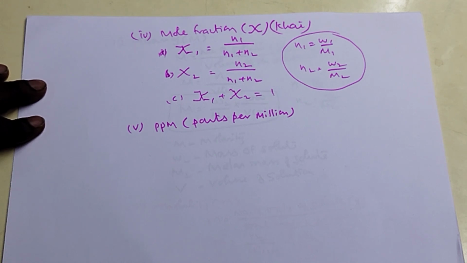In that mineral water, for example iron, calcium or iodine, these minerals will be present in very minute quantities. That we can express in terms of parts per million, or sometimes in medicine syrups. If we look at the composition of medicine syrups, they use the word ppm, which is nothing but parts per million.